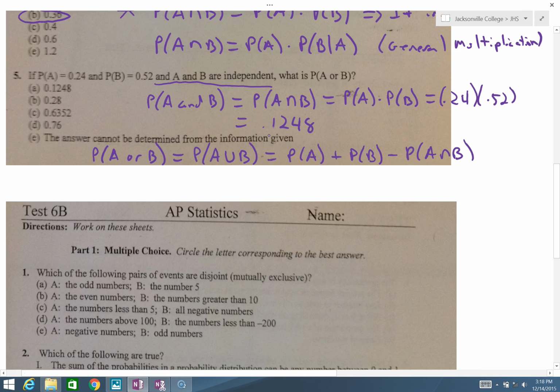We have A, we have B, and we just calculated that overlap. So this will be 0.24, the probability of A, plus the probability of B, 0.52, minus the overlap that we just calculated, the AND, 0.1248, and I believe this will be C.